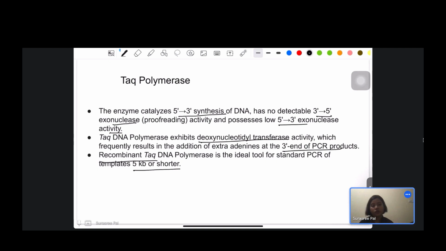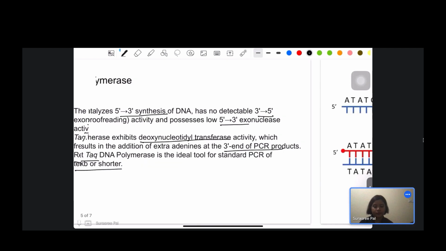For shorter DNA it can be used with high efficiency, but for PCR of longer DNA substrates, we usually need a polymerase which has higher proofreading activity. So a low error rate is required for amplification of longer DNA molecules.